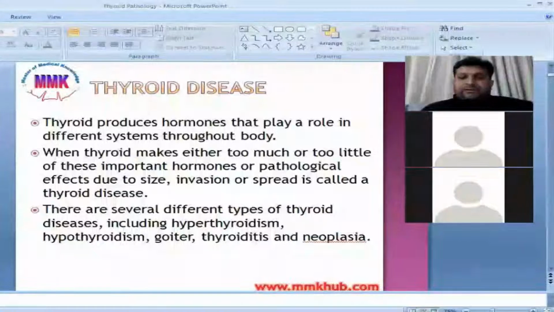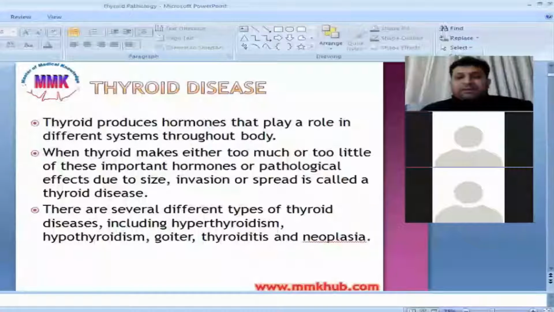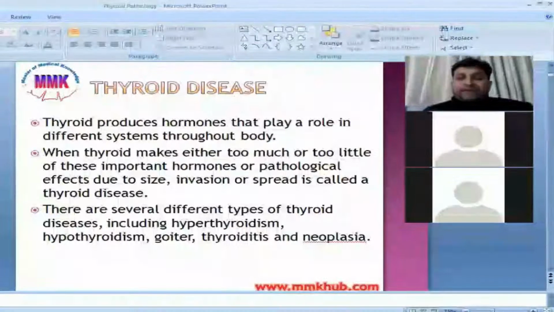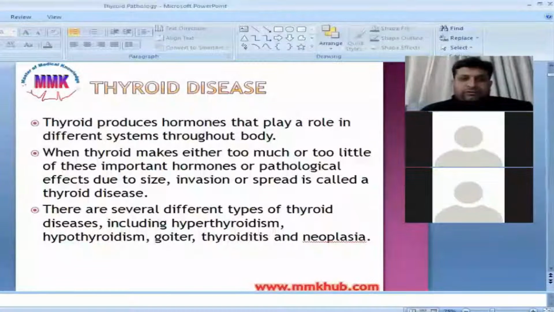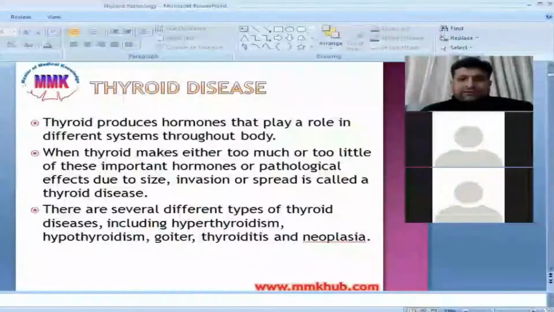Thyroid disease can be hyperthyroidism, hypothyroidism, goiter, thyroiditis, and neoplasia. We will discuss these conditions briefly in the subsequent slides.